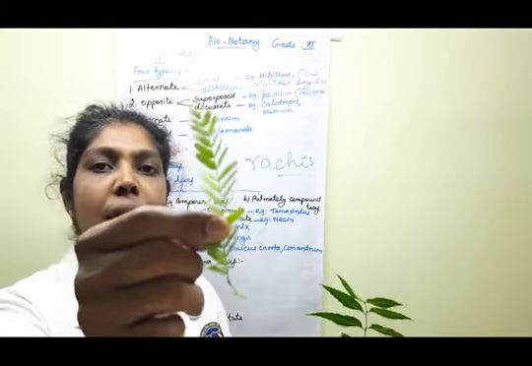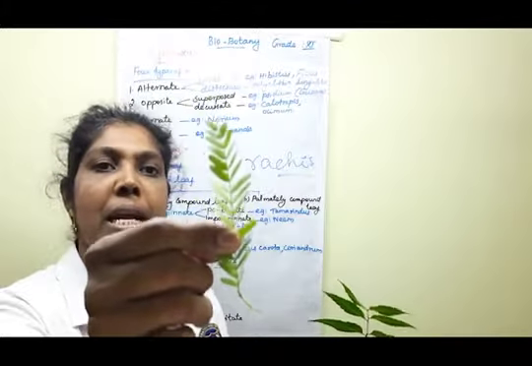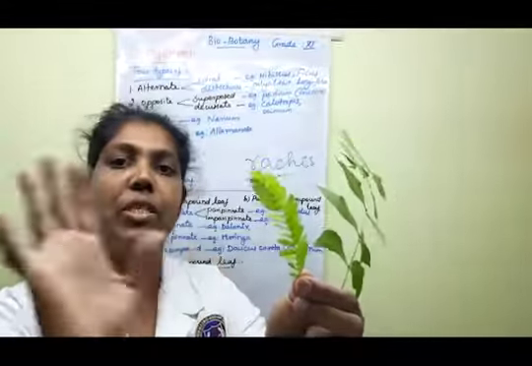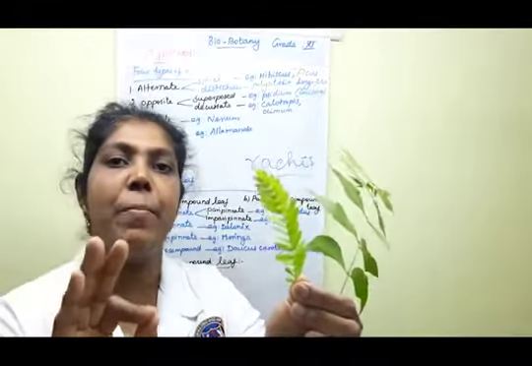Understood? Say yes or no. What do you mean by peripinnate? The leaflets are present in an even number. That is called peripinnate. A good example is tamarind.